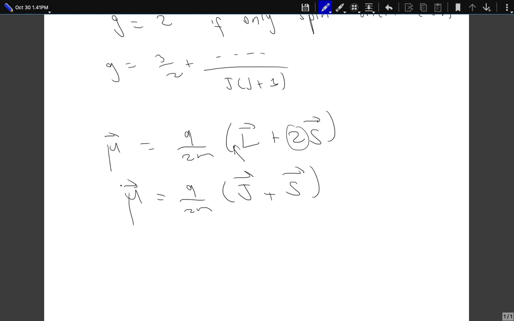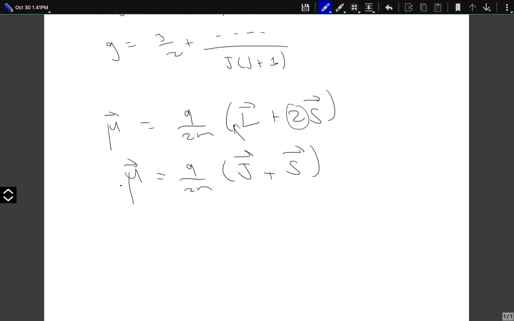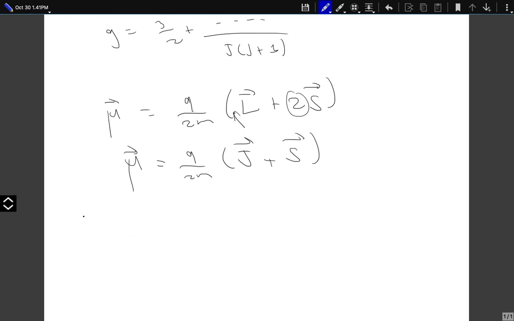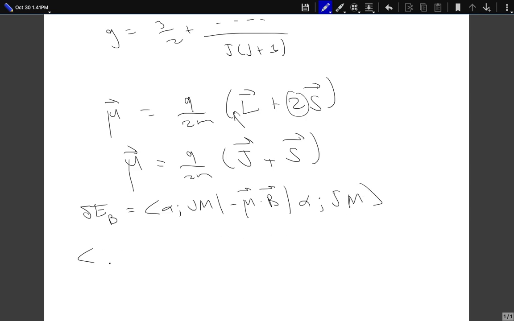And in first order perturbation theory, there is a shift in the energies due to the presence of the magnetic field, which is given by, let's say, in the alpha state with quantum numbers j and m, minus mu dot B in the alpha state j and m.